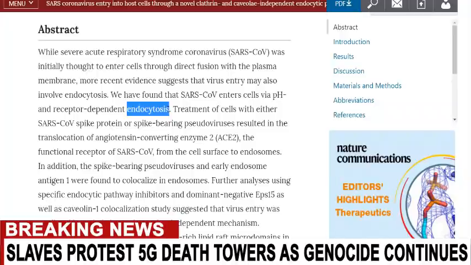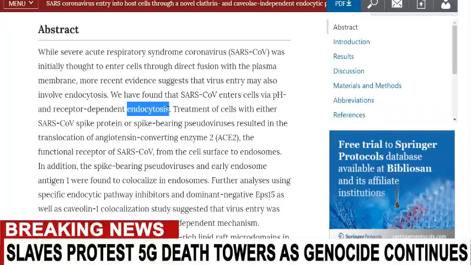What is endocytosis? What happens, ladies and gentlemen? Basically, it's a lock and key type of situation.